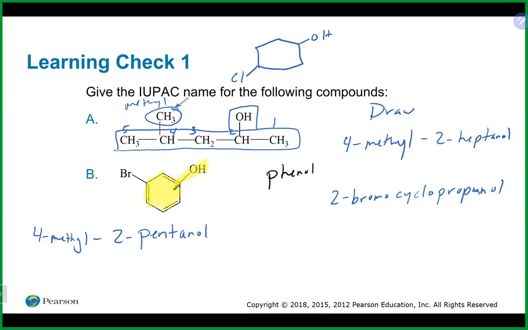And you could probably see if you go counterclockwise in this case, that's going to give our bromine a 2 and then a 3. Obviously, if we went this way, we're going to get a much larger number for that bromine. So that would put it at 3, and that would be something like 3-bromo phenol in this case. Any questions on those names there?